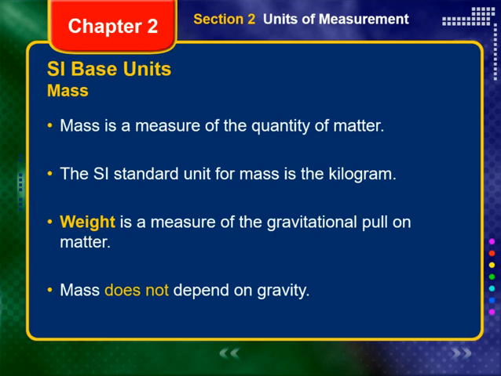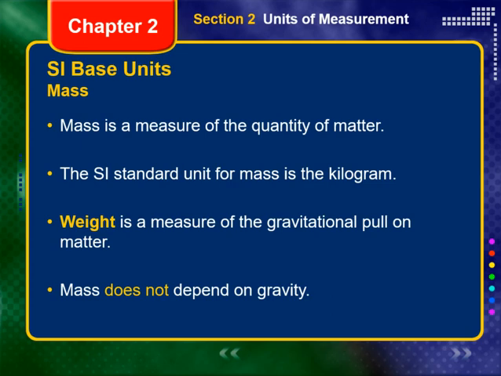Mass is often confused with weight because people often express the weight of an object in grams. Mass is determined by comparing the mass of an object with a set of standard masses that are part of the balance. Weight is a measure of the gravitational pull on matter. Unlike weight, mass does not depend on such an attraction.